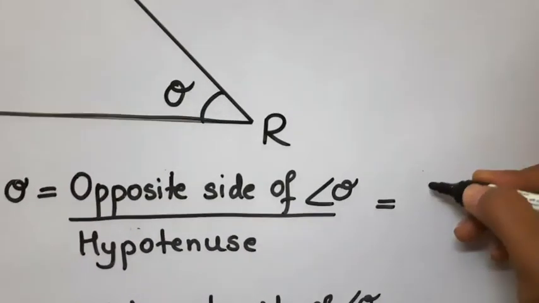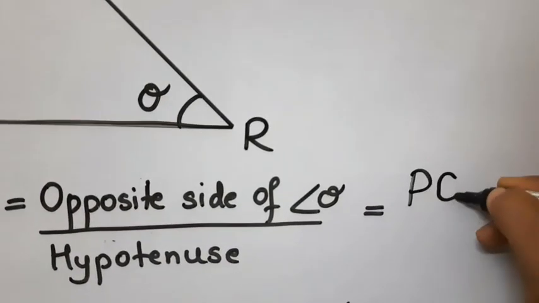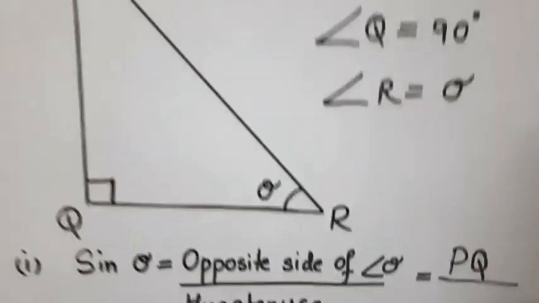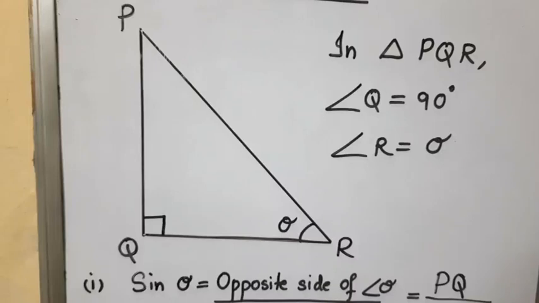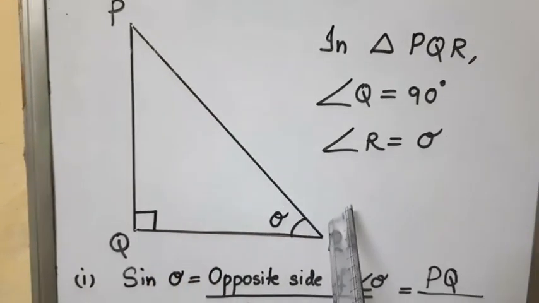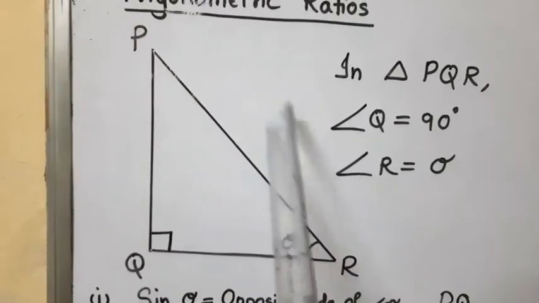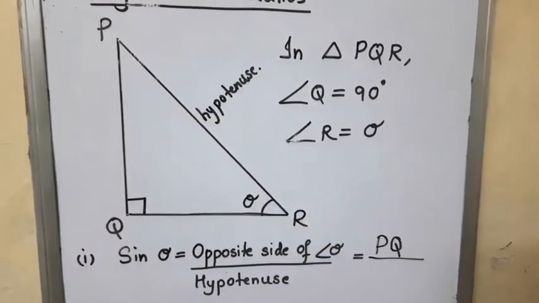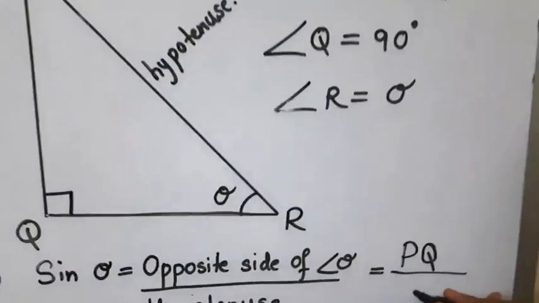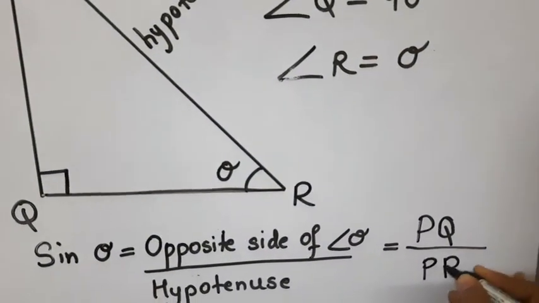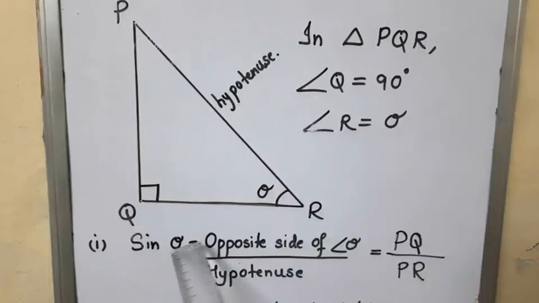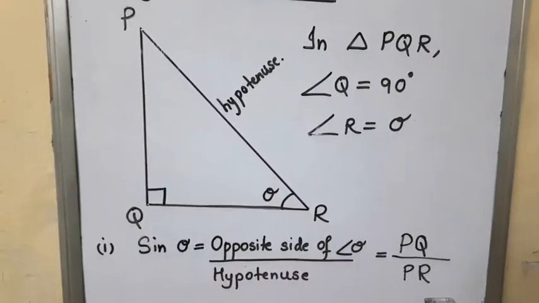Therefore we will write here PQ upon hypotenuse. What is the hypotenuse here? The side opposite to 90 degree. This is 90 degree. That means PR is the hypotenuse. So we will write here PR. Therefore, sin theta is equal to PQ upon PR.